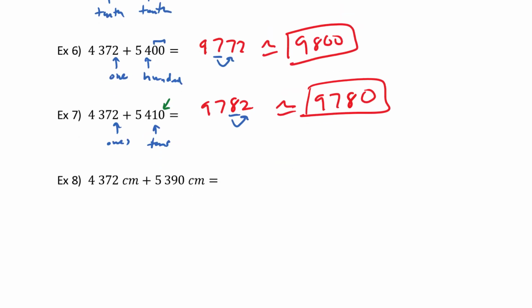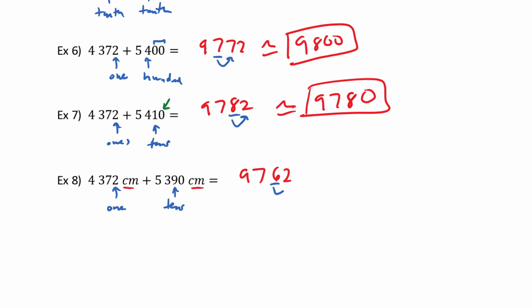Finally now, here we have units. We add these numbers together. Now, when you're adding or subtracting values, they must have the same units. That's very important. If they don't have the same units, you can't add or subtract them. We'll talk about this later on. But you can see they're both in terms of centimeters, so we can add or subtract them. We combine these, 9762. Now we look at significant digits. This is to the nearest ones column, and this is to the nearest tens column.